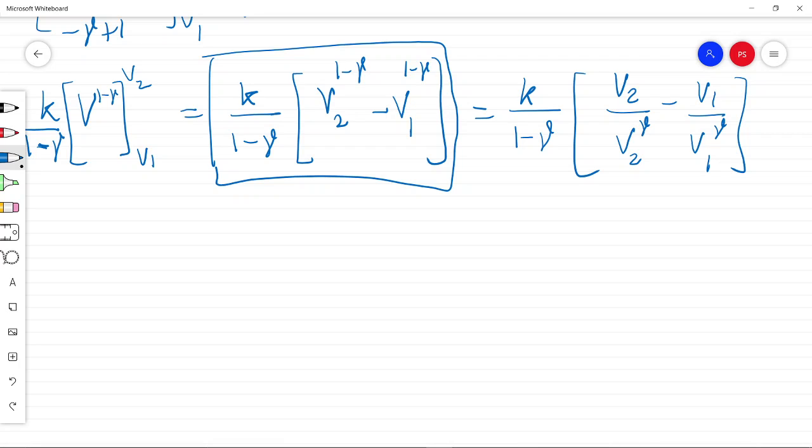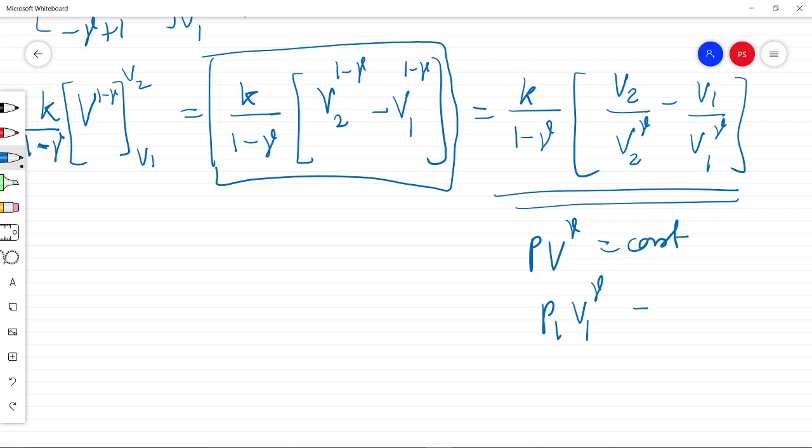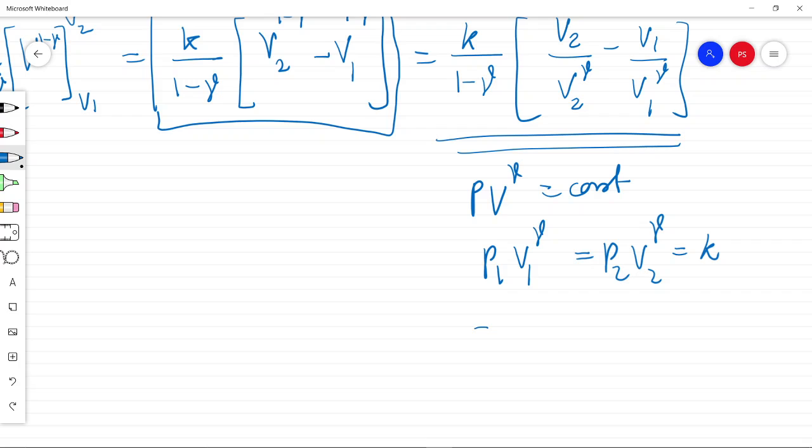Okay. Now here, let us try to simplify this. Since we know that PV raised to gamma is constant for an adiabatic process, we see that P1 V1 raised to gamma is equal to P2 V2 raised to gamma is equal to that constant K appearing here. So this also means that K by V1 raised to gamma is equal to P1 and K by V2 raised to gamma is equal to P2.